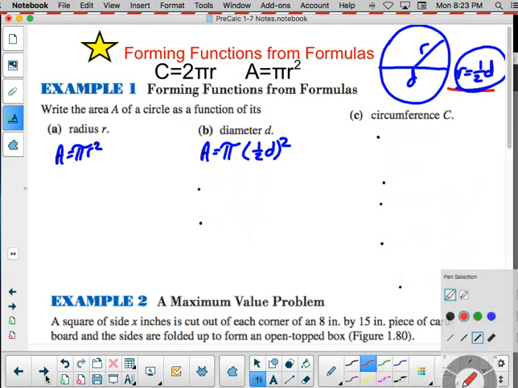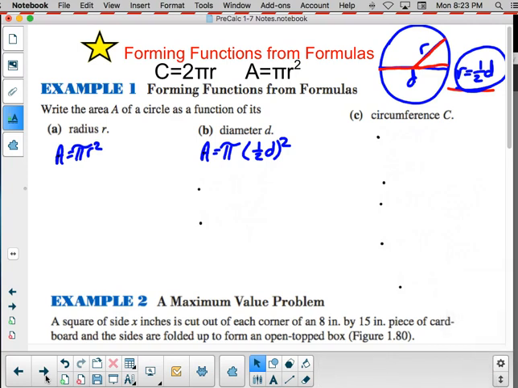For those wondering where I came up with that, remember, this is one diameter, and there are two radiuses in it. A radius is half a diameter. So I can write it this way, or I could finish it as pi times d squared over 4, or finally pi d squared over 4.